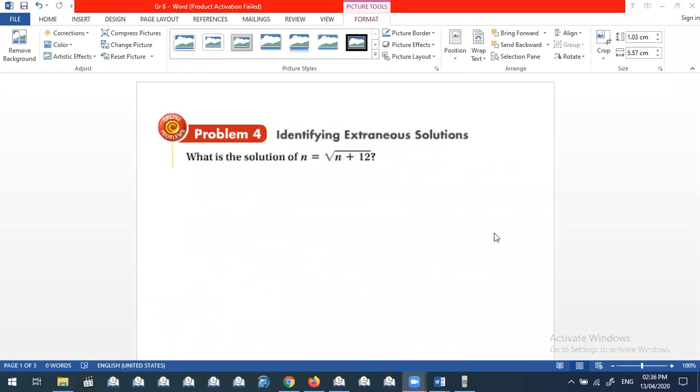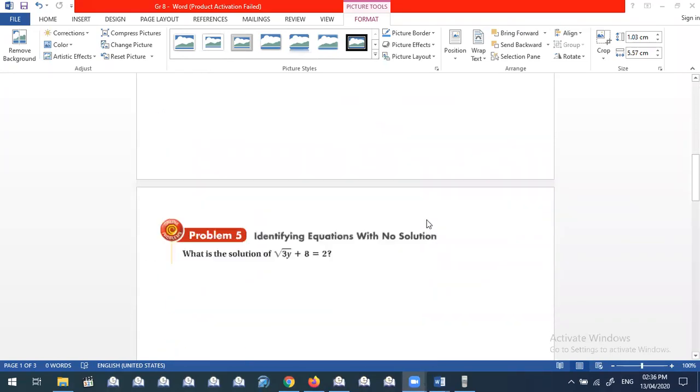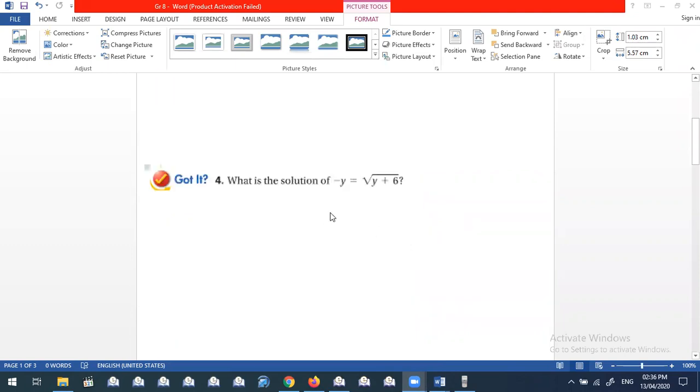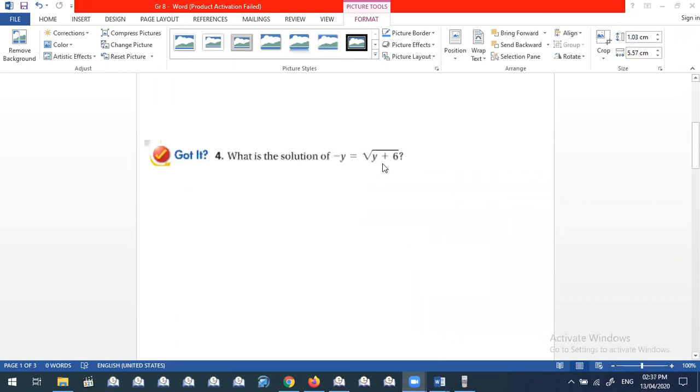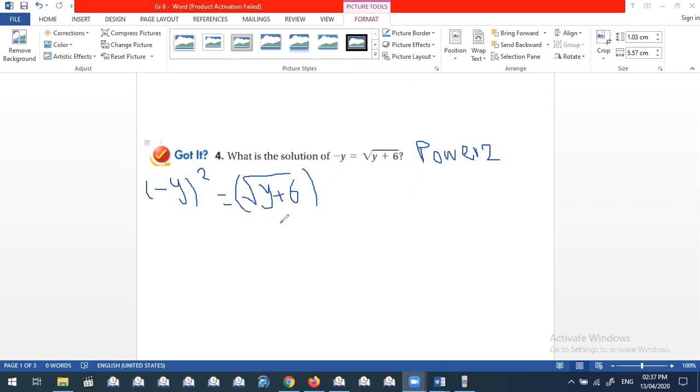Another example. Here, what is the solution of negative y equals the square root of y plus 6? We are going to square both sides. Power 2. So negative y all power 2 equals the square root of y plus 6 all power 2.